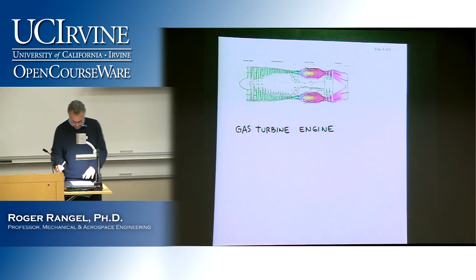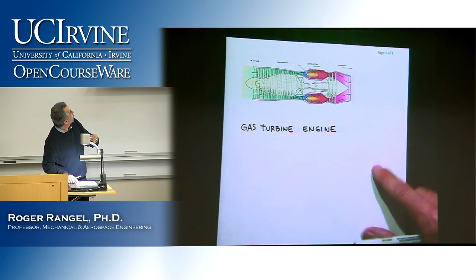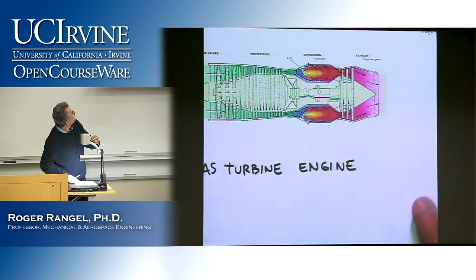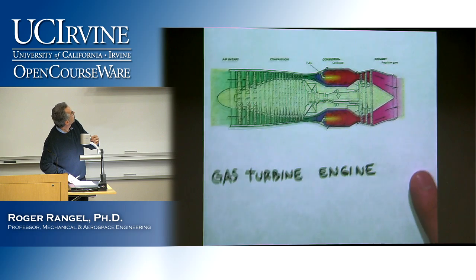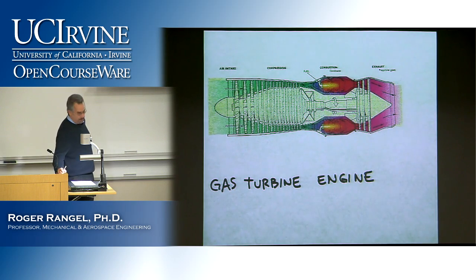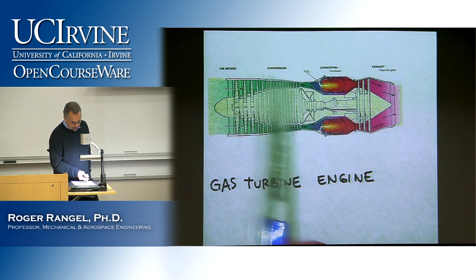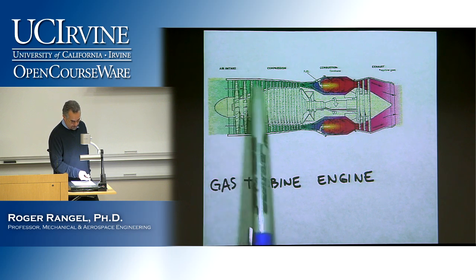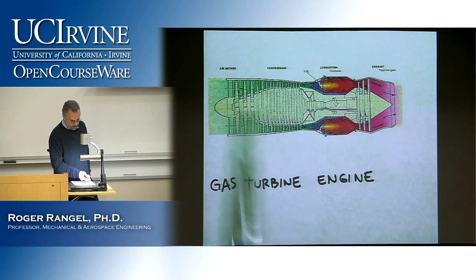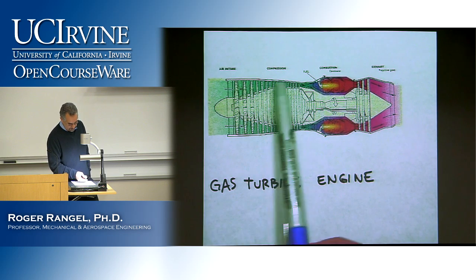Here is that, and this is not a great picture, but this is the jet engine that we saw in the video. The air comes in from the left side. It goes through the compressing part of the engine, which is this bluish, greenish area here.